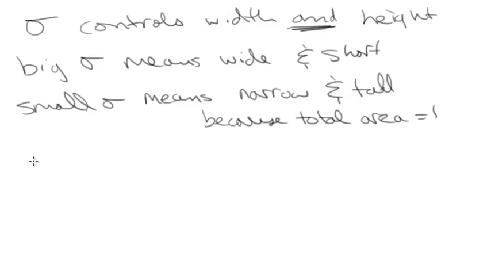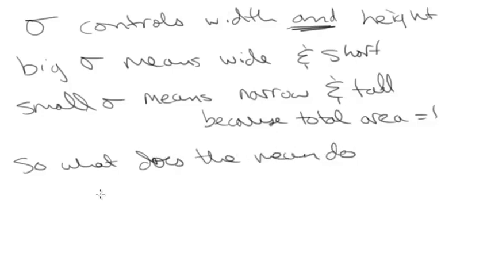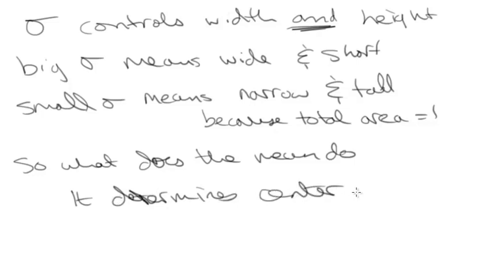So what does the mean do? It does exactly what you think it does. It determines center. But let's put two graphs next to each other that have the same standard deviation but have different means.